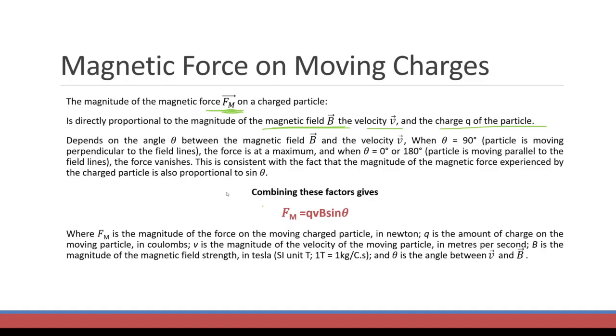It's also proportional to, or depends on, the angle between the magnetic field B and velocity v. So the theta between those two.